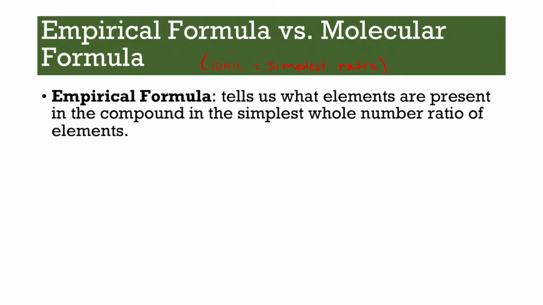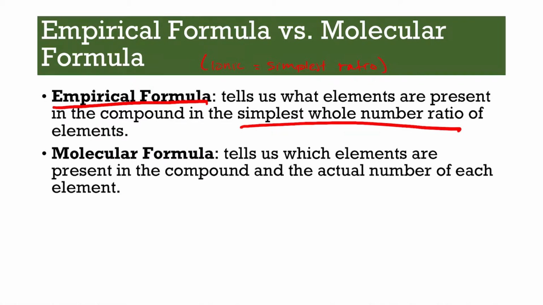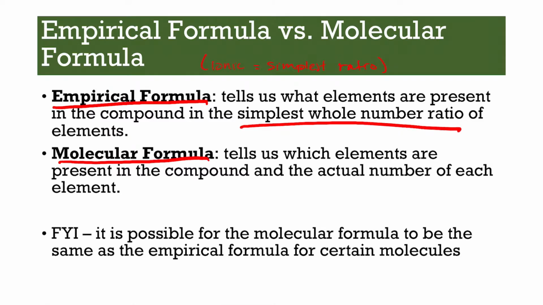If we have the simplest ratio, that is what an empirical formula is. The molecular formula, though, tells you the elements and the exact number of each. And so that is the formulas just generally.